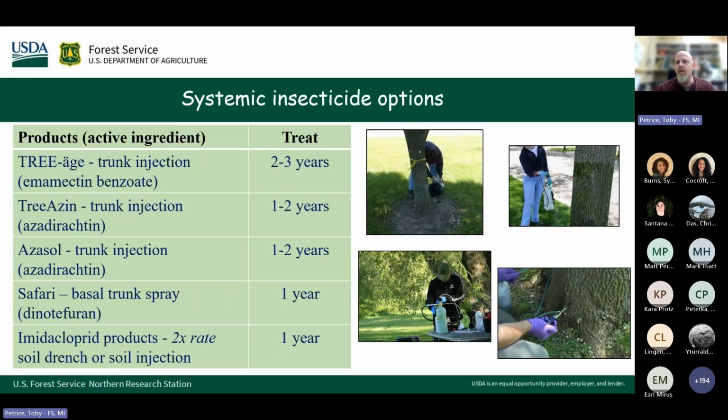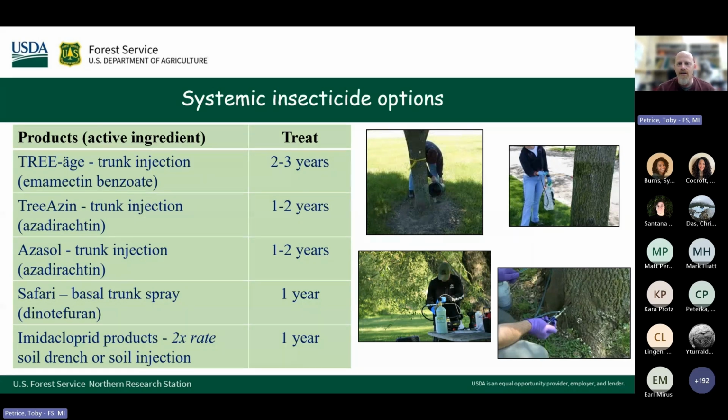Emamectin benzoate is probably the most effective. It does require some sophisticated injection tools to treat the trees, but it can give 2 to 3 years of protection. The azadirachtin products, which are botanicals, they also provide pretty good control. They need to be applied every 1 to 2 years, also need to be injected into the tree.